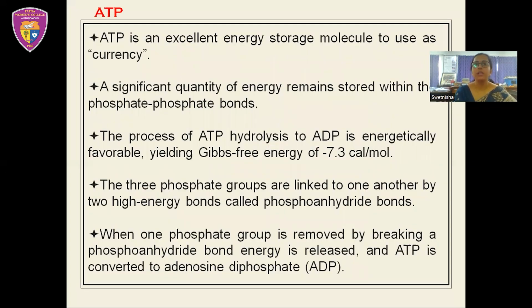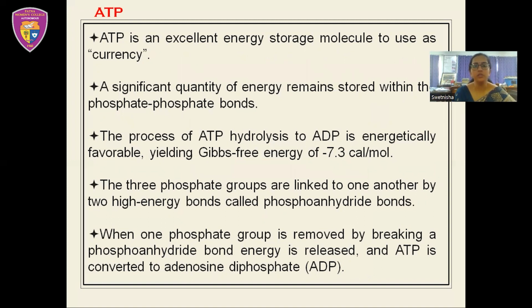Now, the energy currency of the cell, that is ATP. It is a very high energy rich compound. It contains a significantly large amount of energy in its phosphate bonds. So when the ATP is hydrolyzed to ADP, it results in free energy of minus 7.3 kilocalorie per mole.